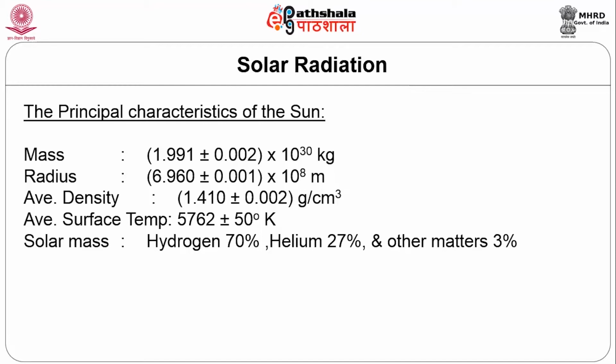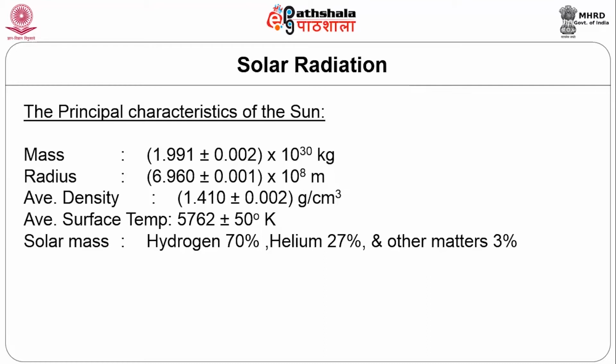The mass of the sun is about 1.9 into 10 to the power of 30 kg. The radius of the sun is about 6.96 into 10 to the power of 8 meters. The average density of the sun is about 1.4 gram per centimeter cube.